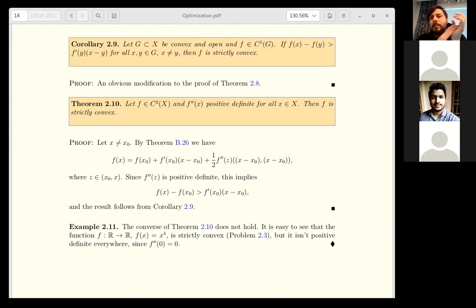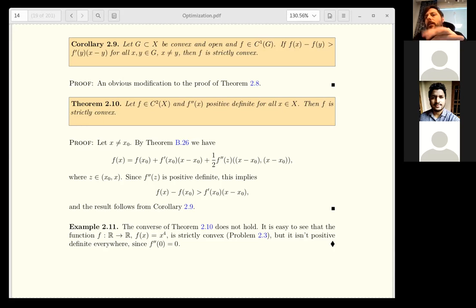That's what positive definite means. If you've taken up matrix algebra, you will also know that it's positive definite if all the eigenvalues of the matrix are positive.